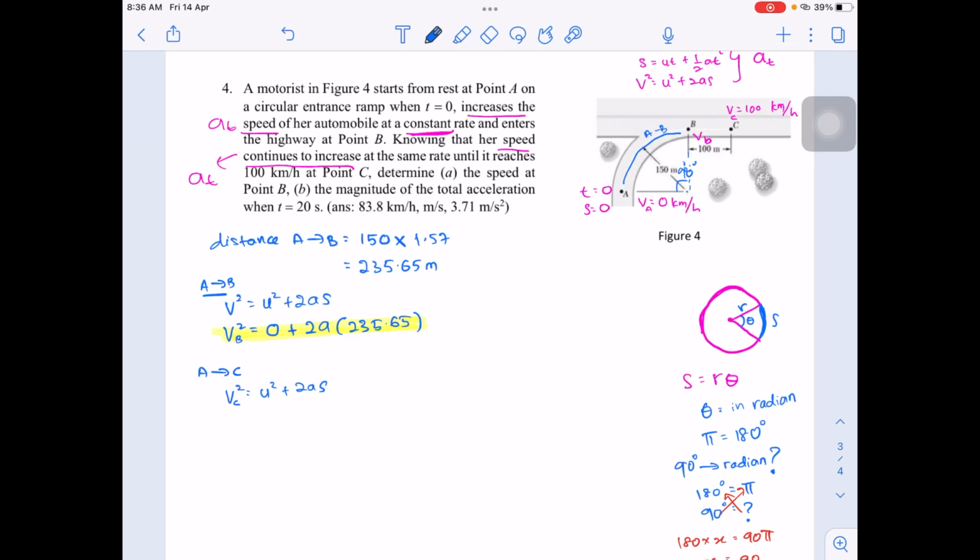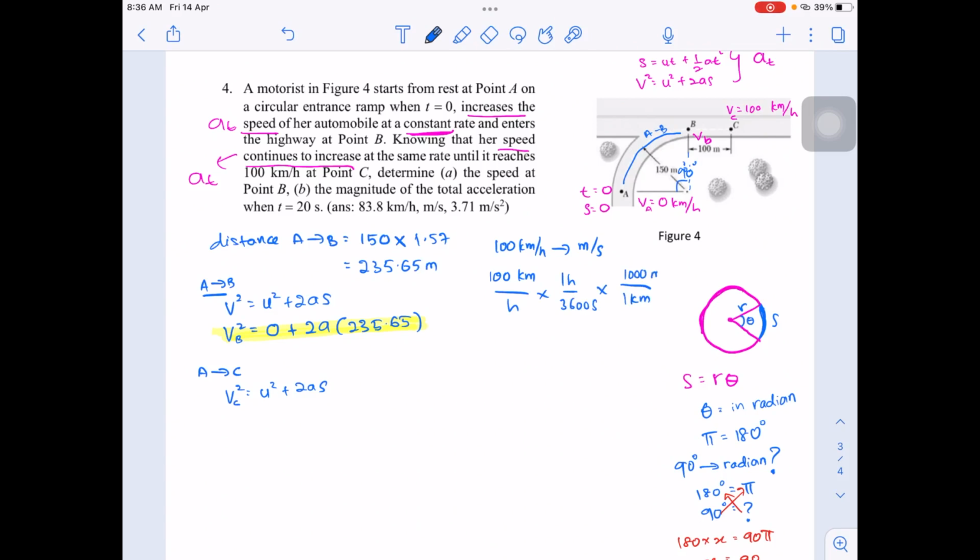So first you change the unit. 100 kilometer per hour times 1 jam over 3,600 saat, darab dengan 1 km 1,000.